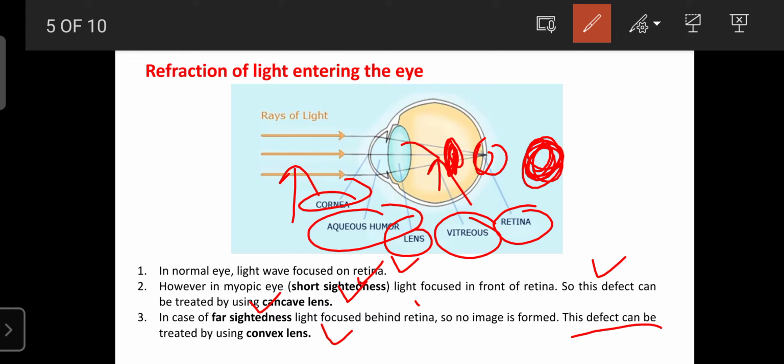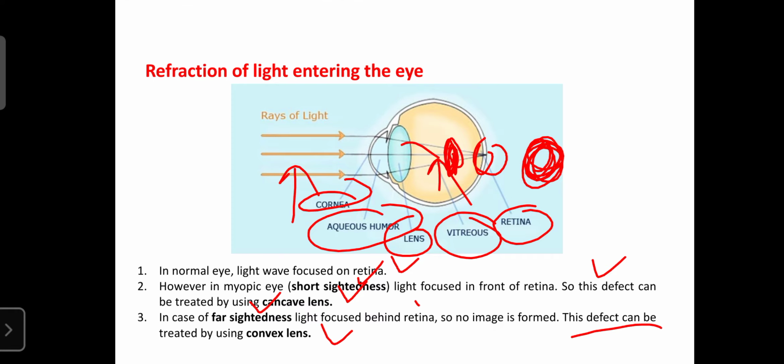So in the normal eye, in normal human beings, if the eye functions normally, then due to the presence of the cornea, aqueous humor, lens and vitreous humor, whatever parallel light waves are there fall on the retina, bending whenever necessary. Simply, that phenomenon is known as the refraction of light.